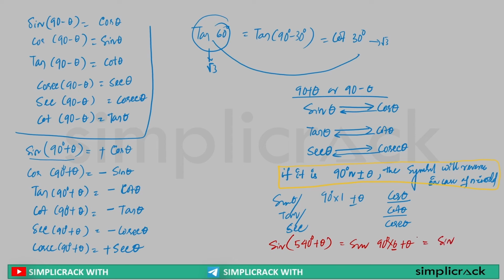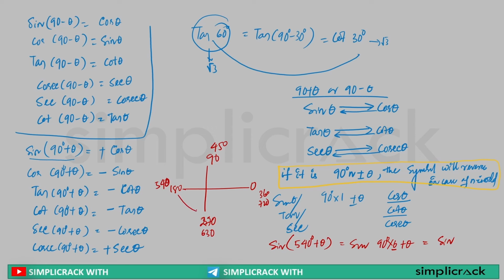But now I have to check in which quadrant it is coming. In terms of quadrants, this starts from 0, 90, 180, 270, 360, then again 90, 450, then again 90, 540, then again 90, 630, plus 90, 720 and so on. The circle will go on. Now we are talking about 540 degree plus theta.